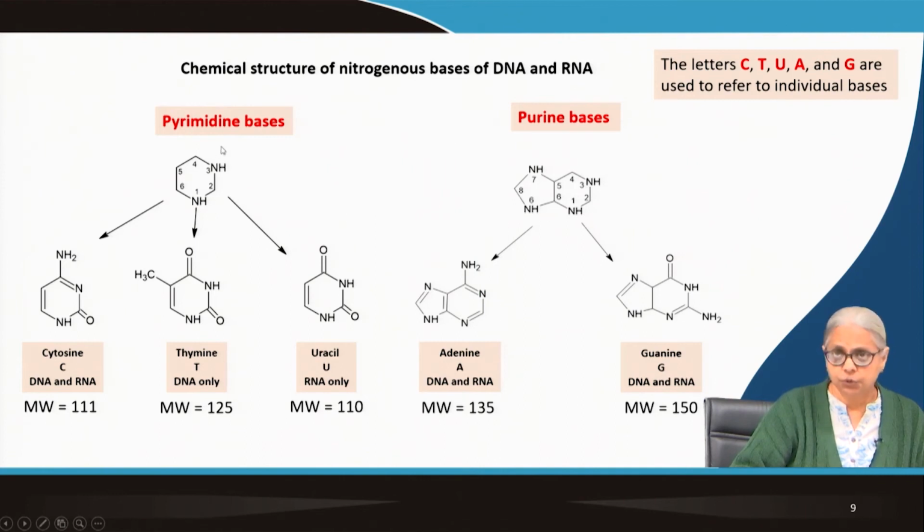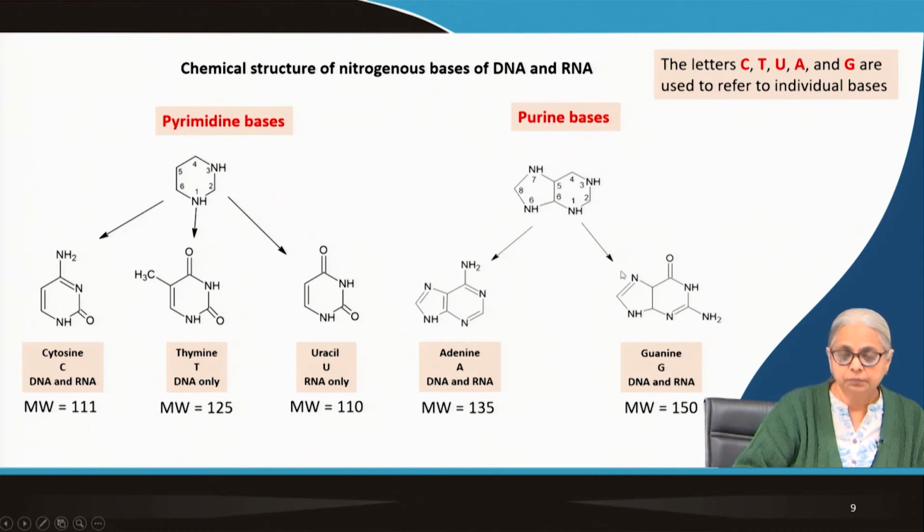We have 2 categories of bases, pyrimidine and purine. You have cytosine, thymine, and uracil. Cytosine is found in DNA as well as RNA. It's shown by the single letter C. Thymine is shown by the letter T. It's found only in DNA. Uracil is found only in RNA.